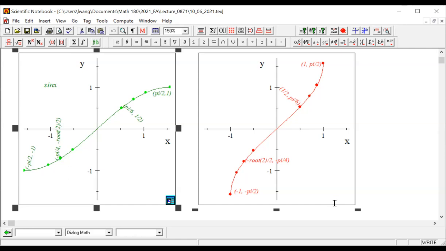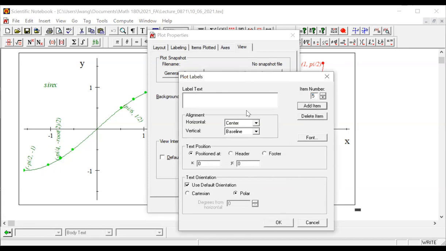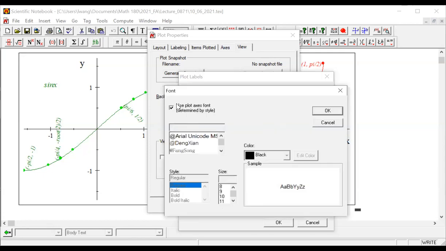And this is the Arcsine, which is in red.